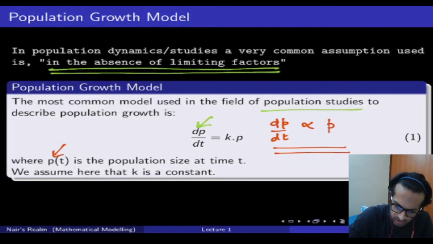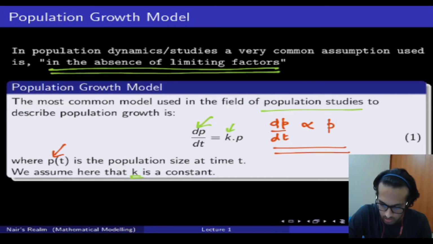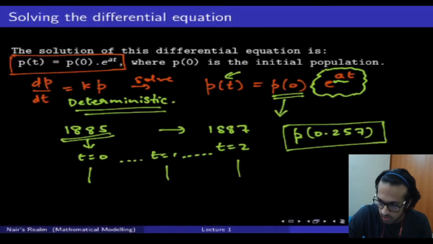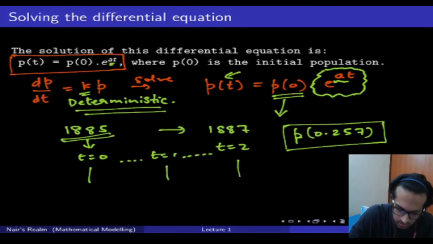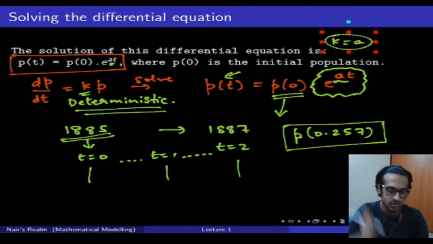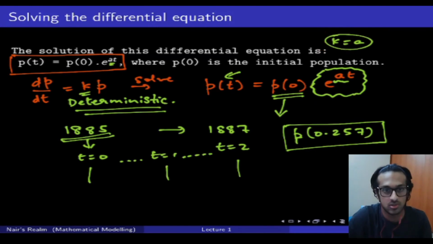I've used K here and K here, and if I go ahead, you can see that my solution is this. So K and A are nothing but the same. The point I'm trying to make here is that K and A are in fact the same constant. I just used it interchangeably. So I hope that does not cause any confusion. If you were confused, I hope it cleared your confusion.